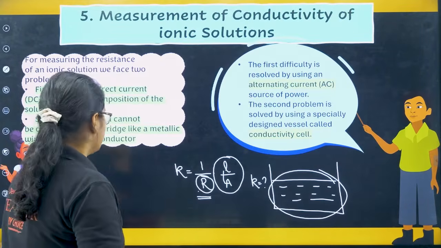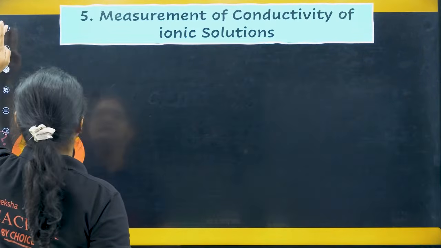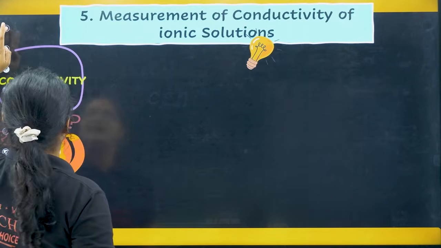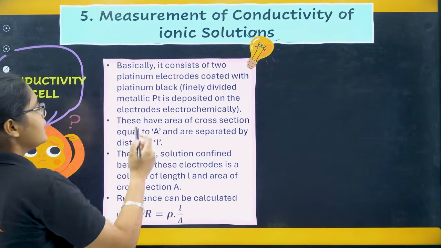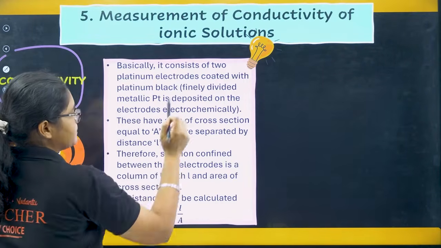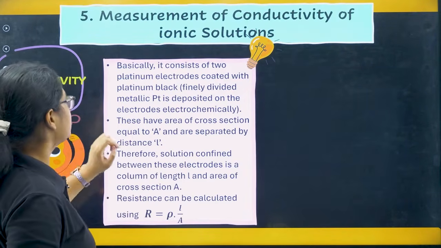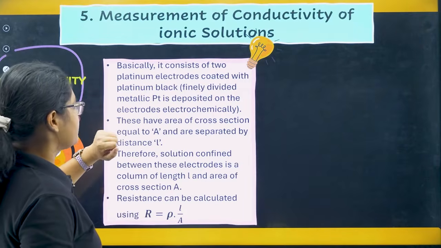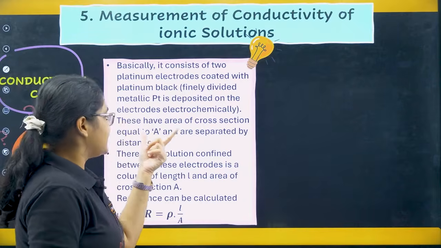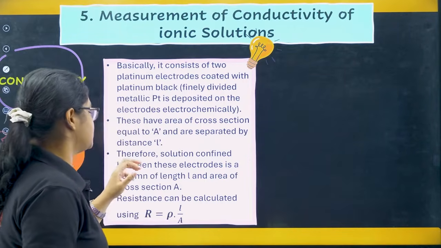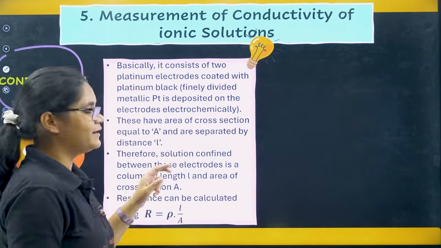You can see here we have a certain conductivity cell. So what exactly is a conductivity cell? Basically, a conductivity cell consists of two platinum electrodes coated with platinum black. These have an area of cross section equal to A and are separated by distance L.